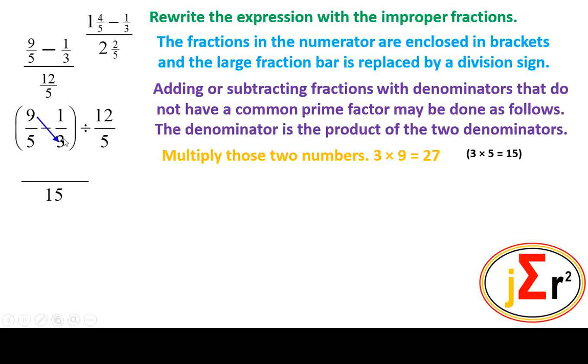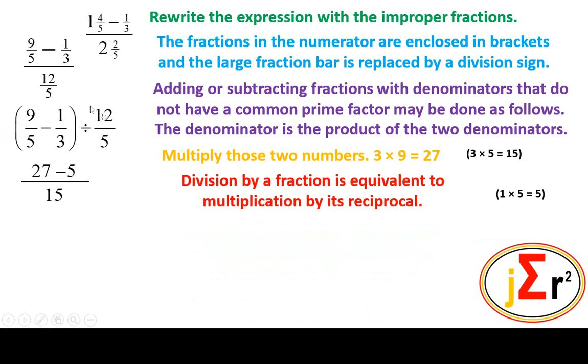We multiply those numbers, 9 threes, and the result is 27, and we'll go for the subordinate diagonal, 5 ones, 5. We are dividing by this fraction, and we know that dividing by a fraction is equivalent to multiplying by its reciprocal. We will therefore multiply by 5/12, which is the reciprocal of this fraction.